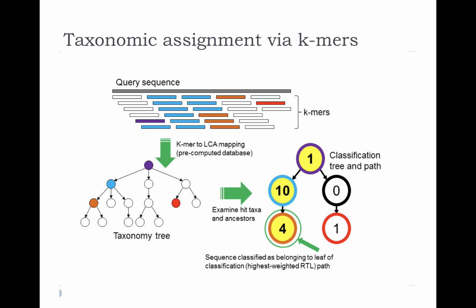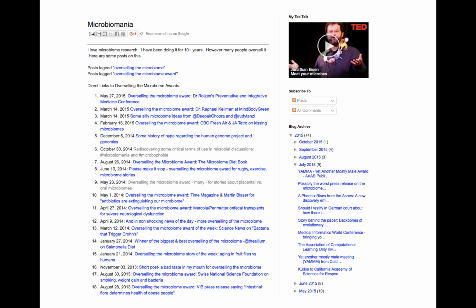Then it will say these can be assigned to the gamma proteobacteria, these to Enterobacteriaceae, and these all the way down to E. coli. So it does some quite sophisticated mapping, and you'll be seeing some of that later. That's just a brief introduction to point towards the technologies that you're going to be using.